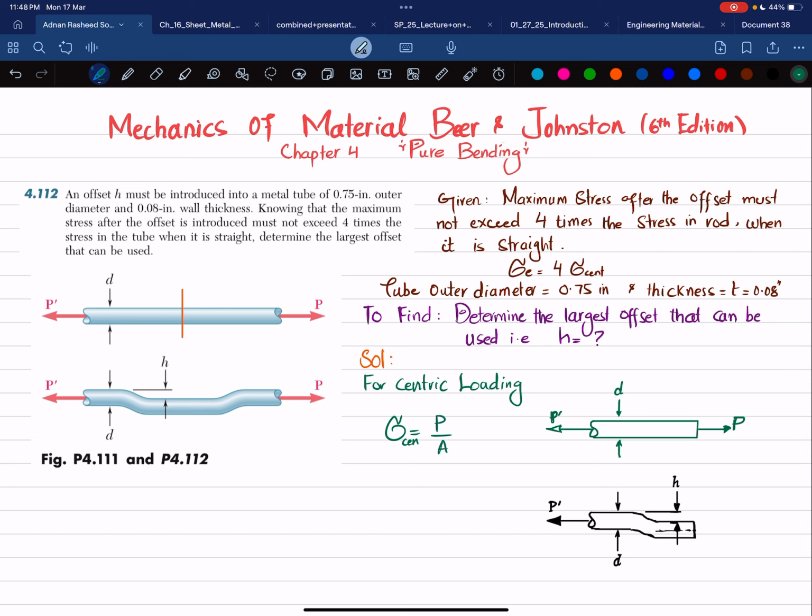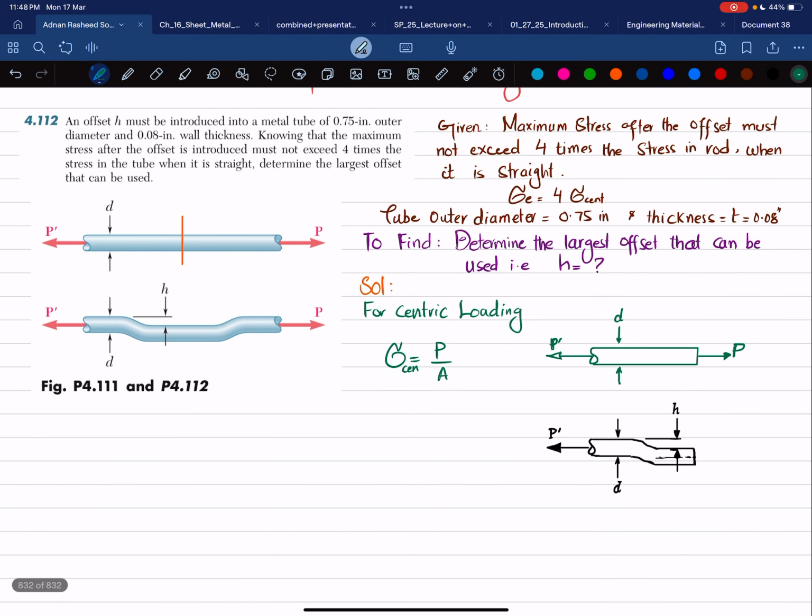Now what will be the stress when we cut this tube that has an eccentric offset distance h? When you cut it and draw the free body diagram, you will definitely have a centric load P, and here you will also have a moment M. Why? Because this force is not centric, it is not passing through the centroid.